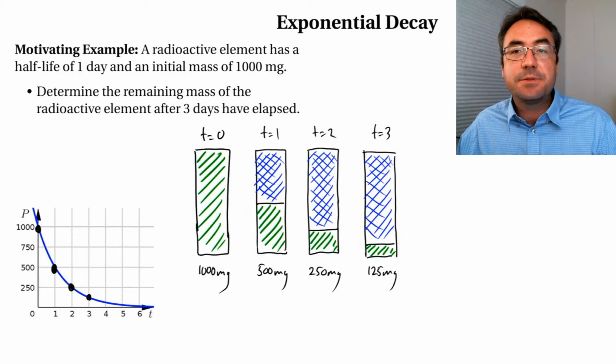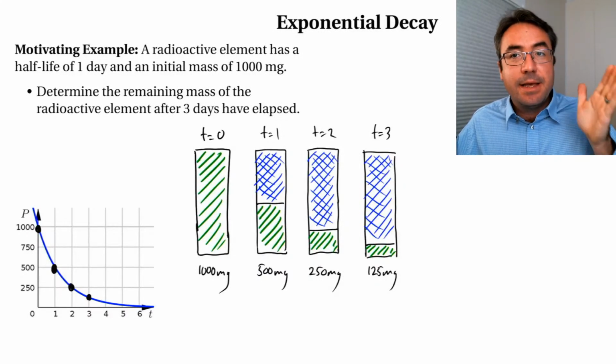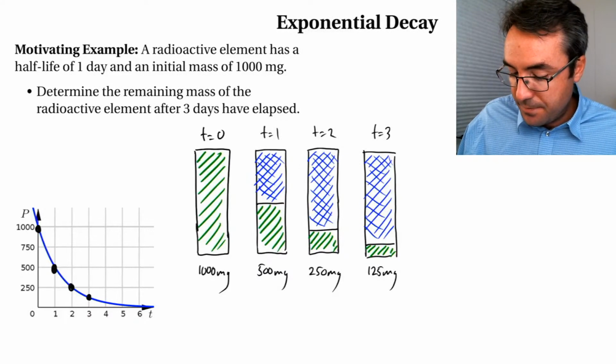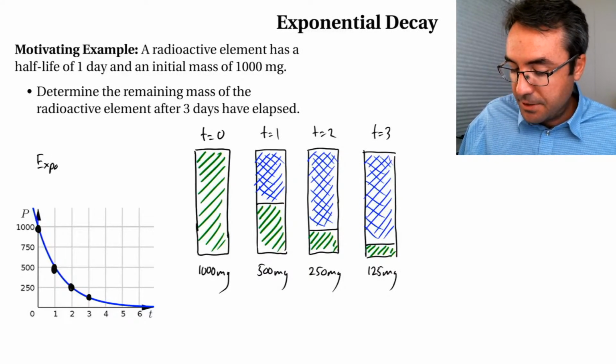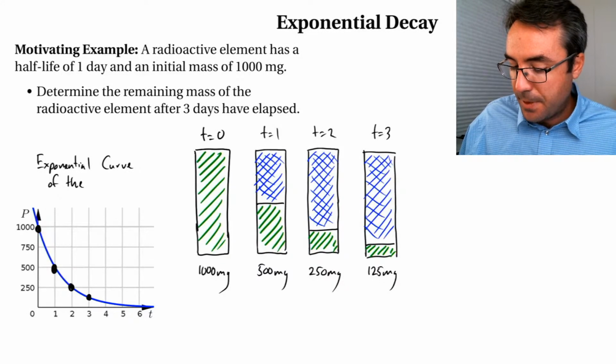And so when we look at this process, what's happening is our data points fit an exponential curve. This time it's of the form e raised to the power kt, where k is negative.